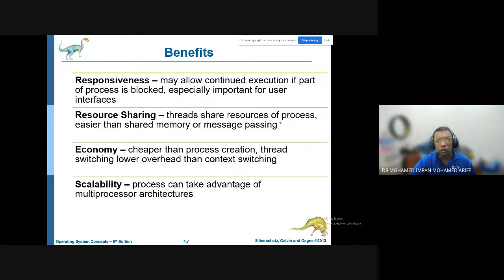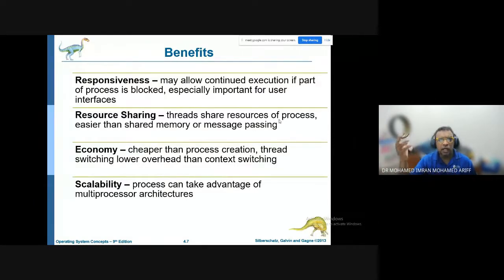You can still do your document although your Microsoft Word has some problems, let's say the serial number is not valid or has already expired, but you can still do your documents because it allows responsiveness. It allows you to continue using the thread although the process has some problems.